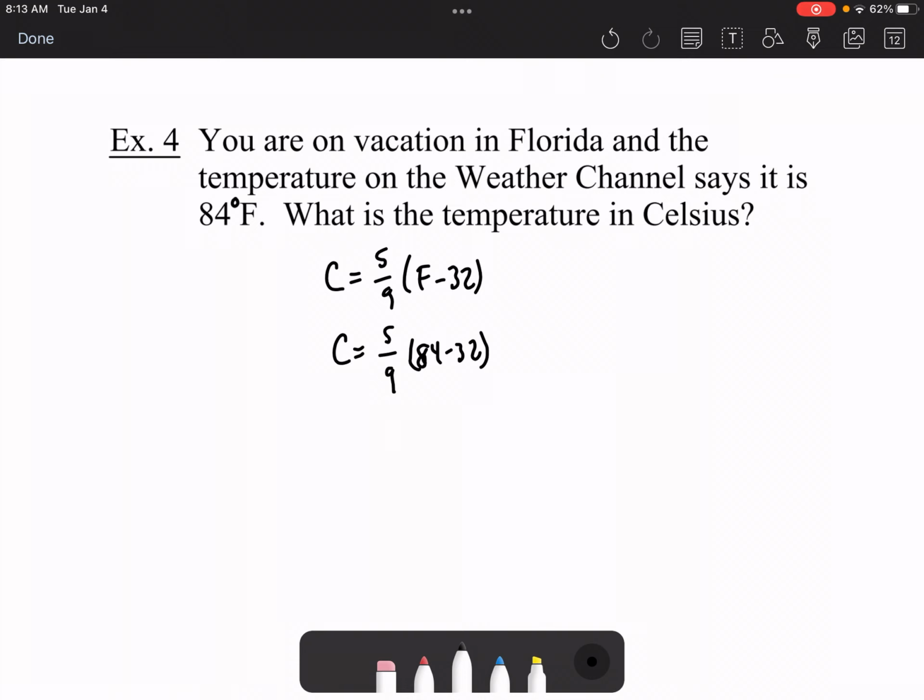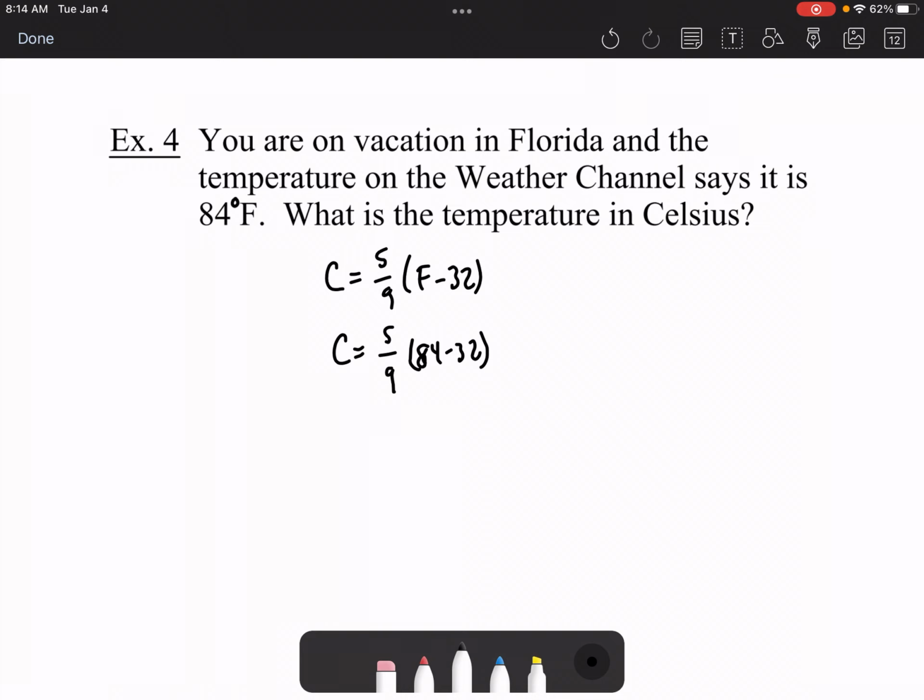I'm going to substitute 84 into F. Now, since we've been practicing how to calculate this stuff in our calculator so far, I do not need to see you taking the 84, subtracting the 32, then multiplying by the 5, and then dividing by the 9. What you can do is you can just put this all into your calculator right now and work this out.